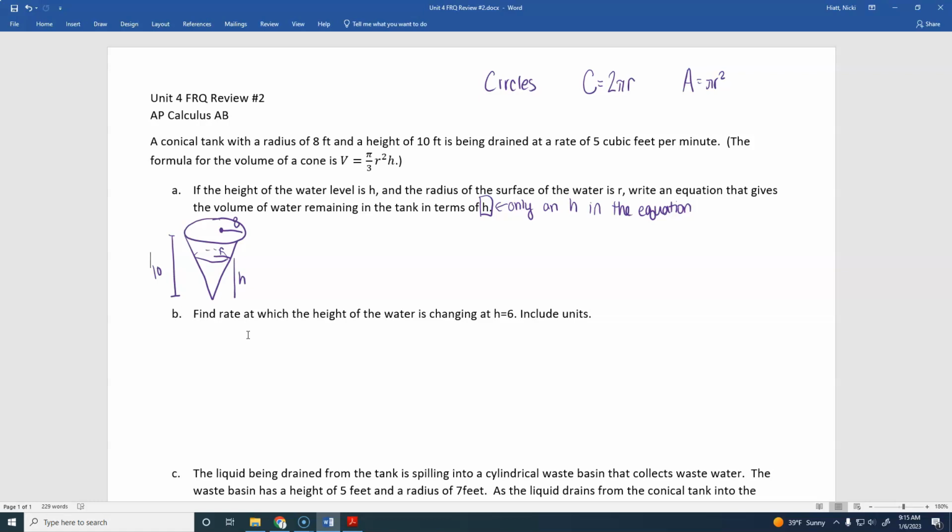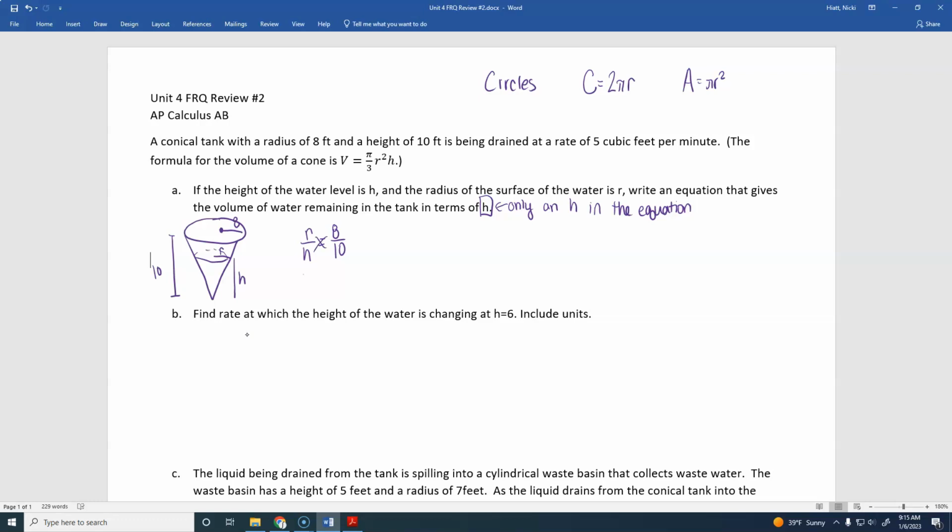We've done some of these cone problems before. This is where you've got to set up a proportion, because that r and h is going to be proportional to the bigger cone. So r over h equals 8 over 10.